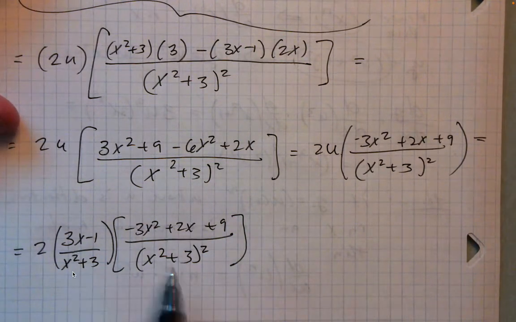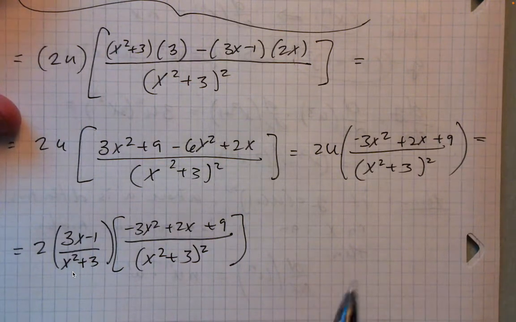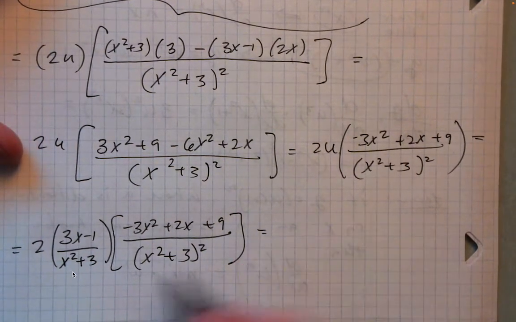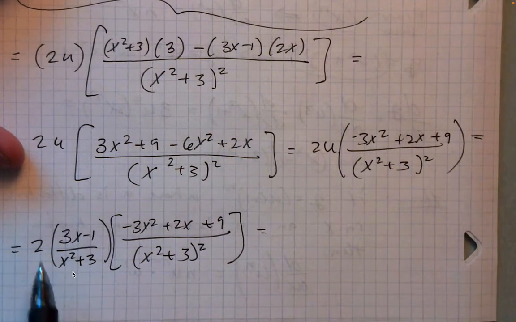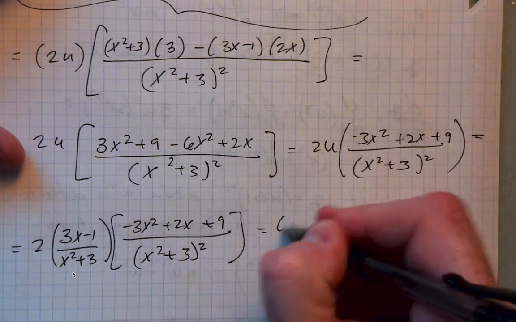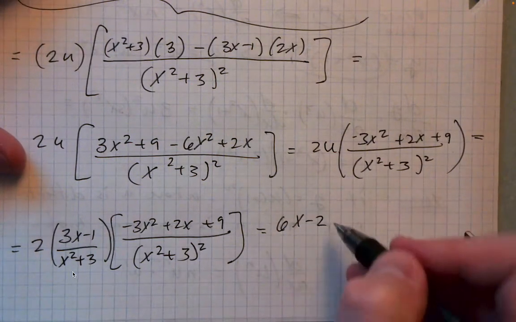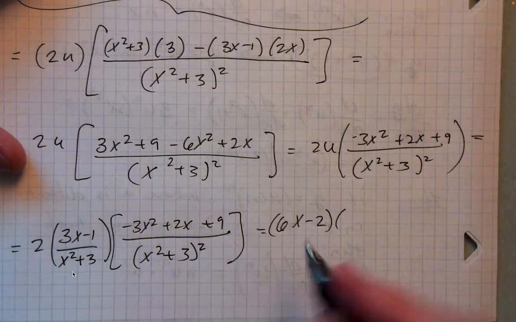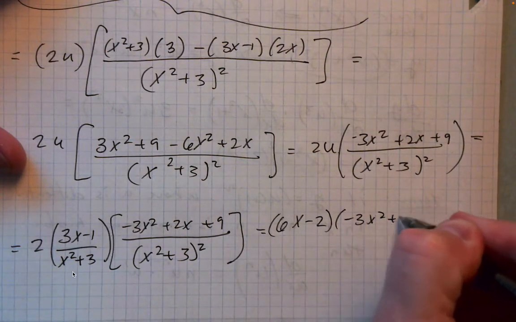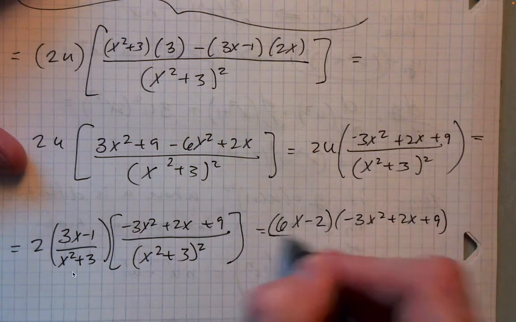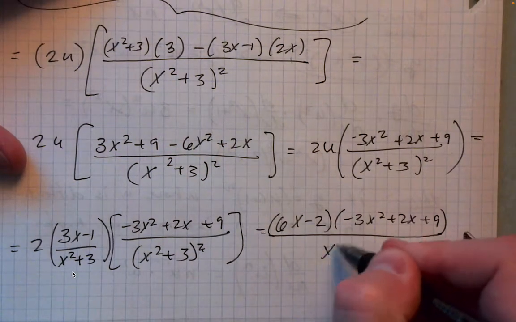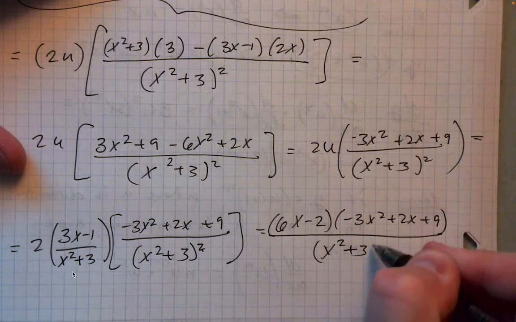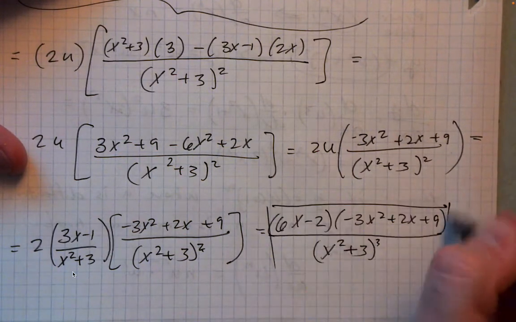And some of the stuff we can combine additionally. I'm going to combine the denominators in the name of brevity. So you've got 6x minus 2, and then that's going to be times this whole thing, negative 3x squared plus 2x plus 9. And the denominators are the same, so I can just increment the exponent: x squared plus 3 to the 3rd power.